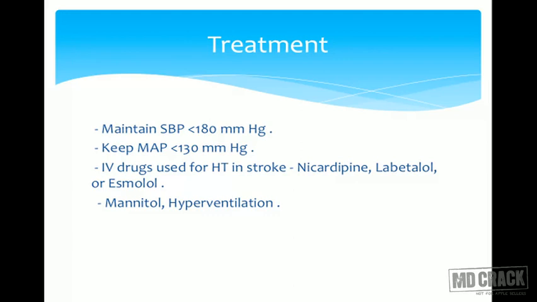And for controlling blood pressure, you should avoid NTG, that is nitroglycerin, which is a drug of choice for hypertension related to cardiac causes. So just avoid NTG, and your preferred drug should be labetalol, nicardipine or esmolol. This should be your choice of drug while treating hypertensive bleed rather than giving NTG.